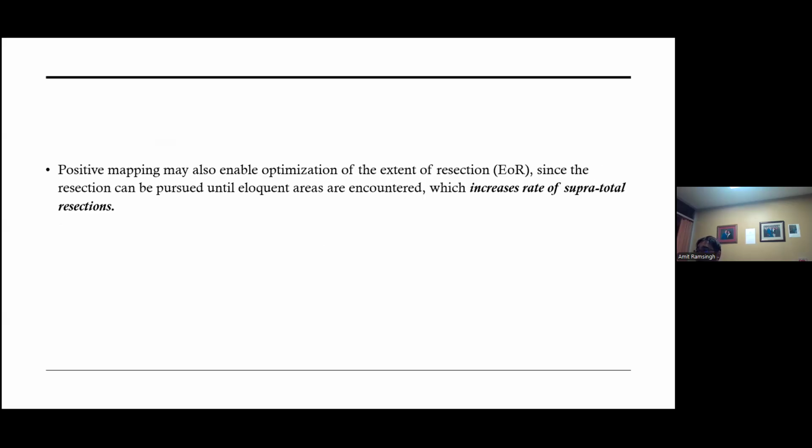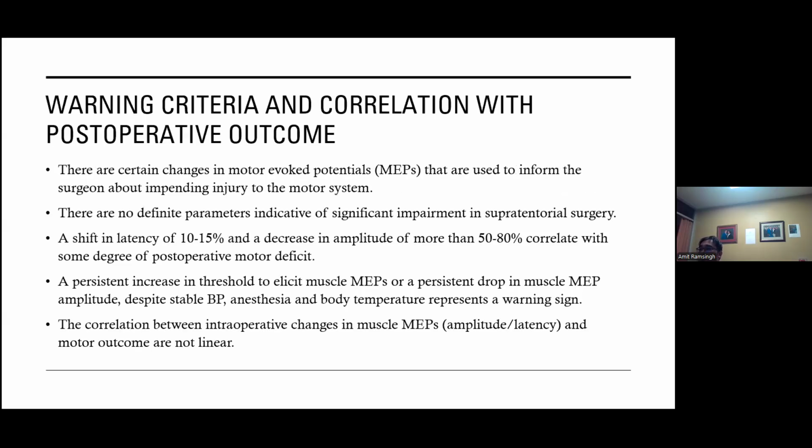Positive mapping may also enable optimization of the extent of resection, since the resection can be pursued until eloquent areas are encountered. So basically what we are going to do here is increase the rate of supratotal resections. And by doing that, we want to increase our extent of resection and hopefully the overall survival.